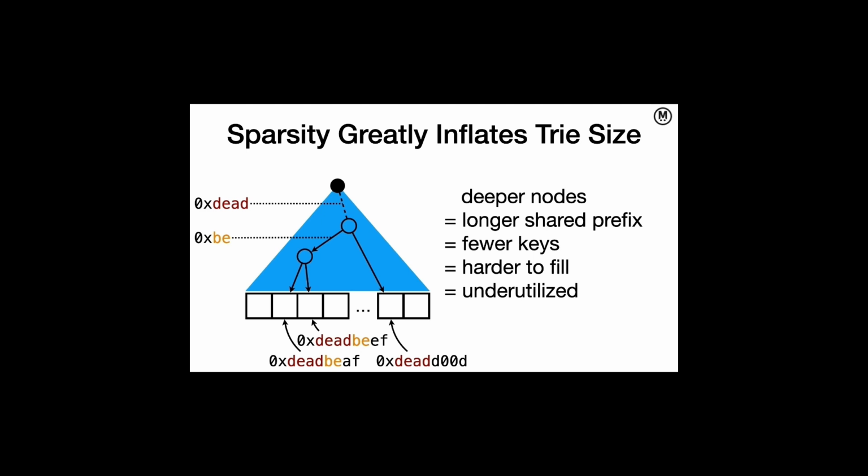The deeper you go, the fewer keys there are per node, and it's harder to fill each node, so the node becomes underutilized. And when the node becomes underutilized, you are wasting space, because previously you were handling, say, 16 children per node, but now some nodes are only handling, say, 1 or 2 children. It's much less efficient because you also have to store the nodes themselves. So it's the crux of the problem.